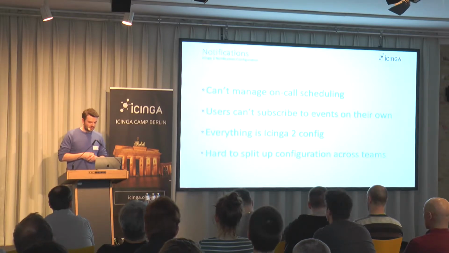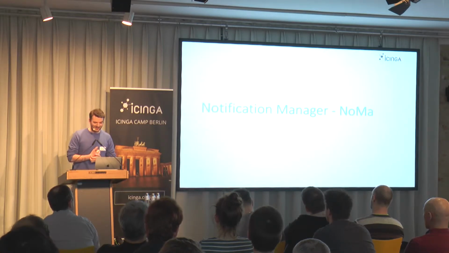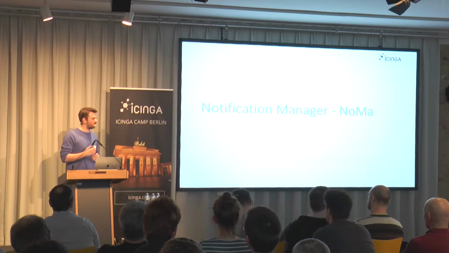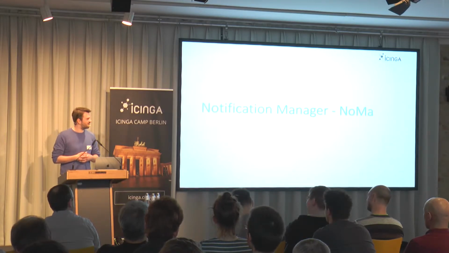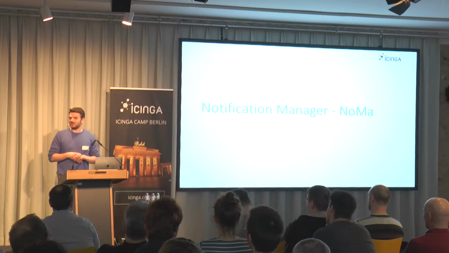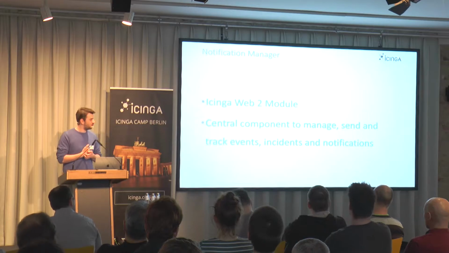So for this year, or we already started because a customer paid for it, we're going to have a notification manager called Noma. We already had this, I don't know, 5-10 years ago for Nagios. We did not continue to develop it. This thing is completely new. It's an Icinga Web 2 module.